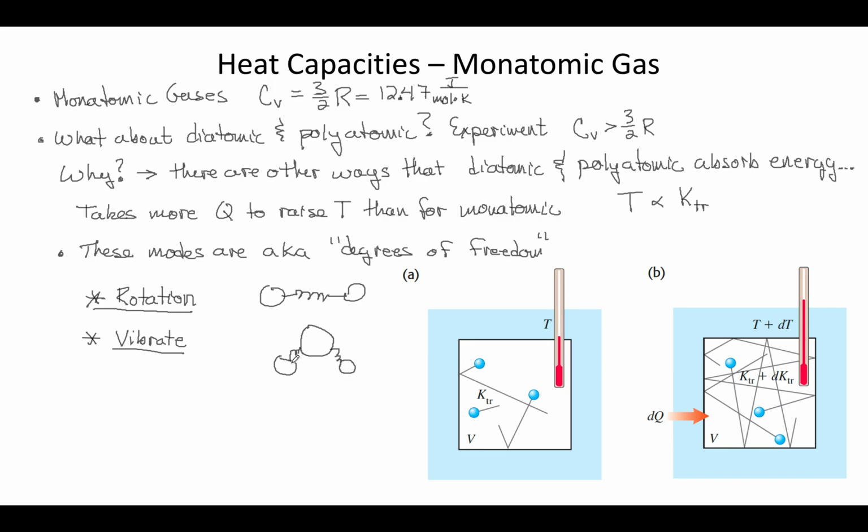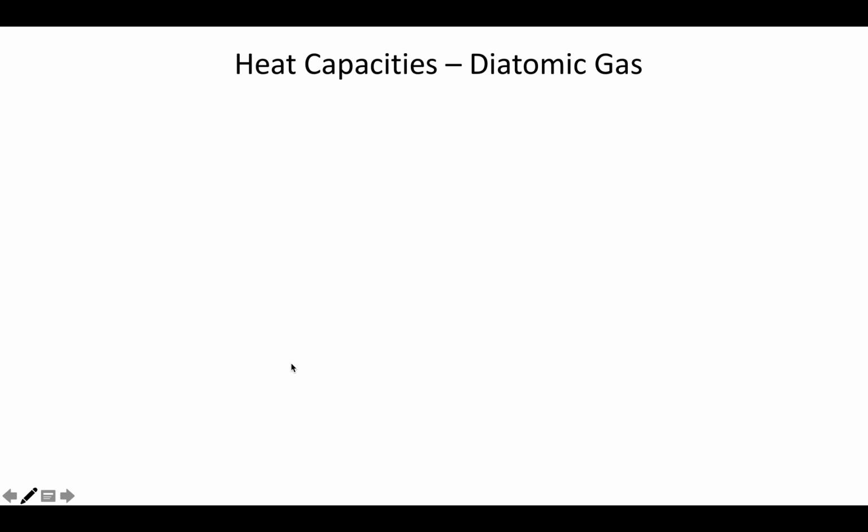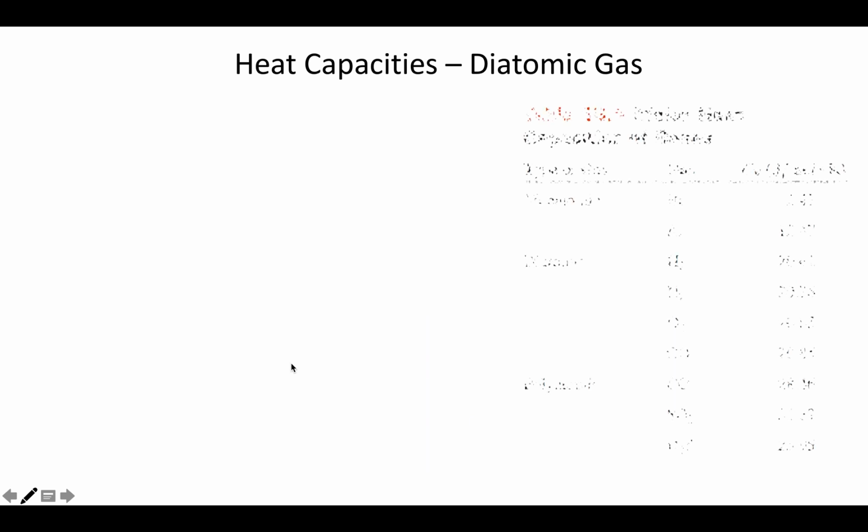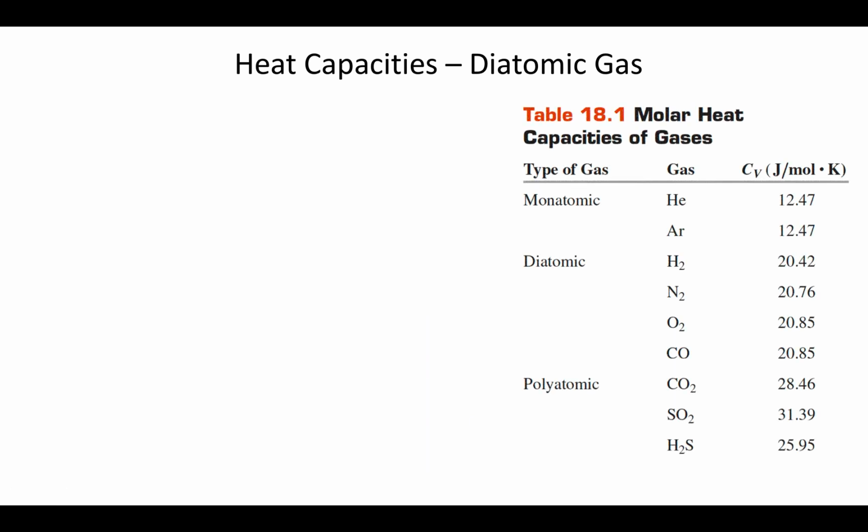The question is how can we measure, or hopefully theoretically calculate, the specific heat or the heat capacity at constant volume for diatomic and polyatomic molecules. Here are some of the values that we see.